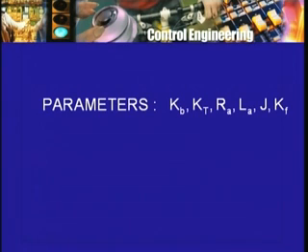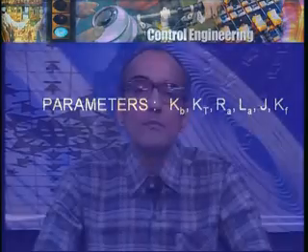These are the electrical parameters. Of course, Kb and Kt are the electromechanical parameters of the motor. And then for the load and the armature thought of as a single rotating entity, we need to know the moment of inertia J and the coefficient of friction Kf, relating the opposing torque caused by friction to the angular speed omega. So these are the parameters that we need to know before we can use these equations to design a control system.